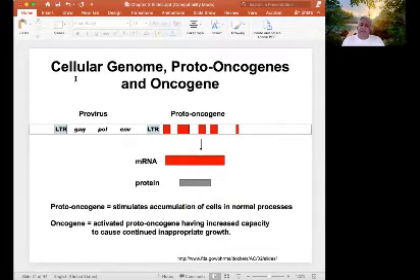In this particular example, we're looking at one possible mechanism by which you can turn a proto-oncogene, which is under normal control, into a superactive gene. And that's what happens when these viruses use this particular mechanism to transform cells. So here we have a retrovirus inserting itself into the chromosome of this host cell.